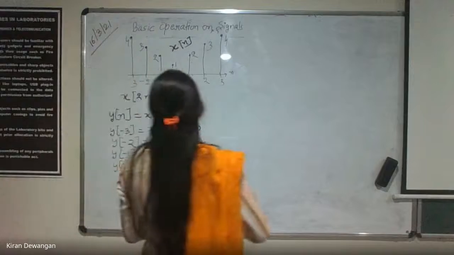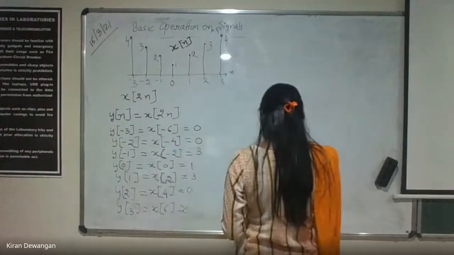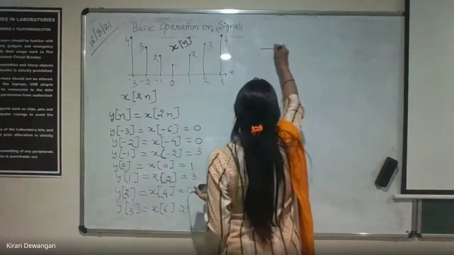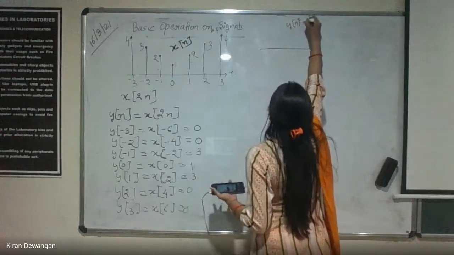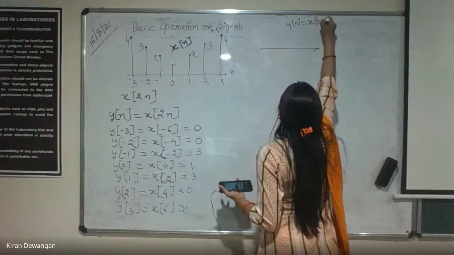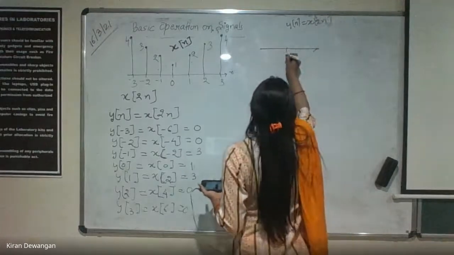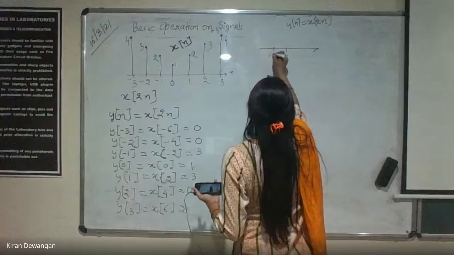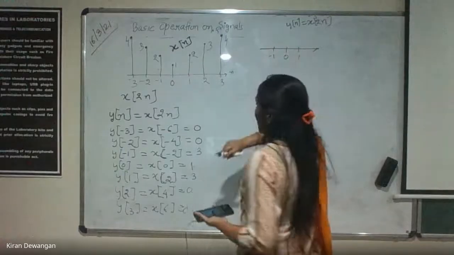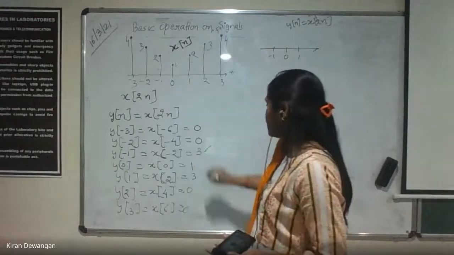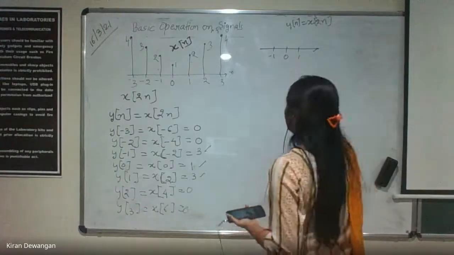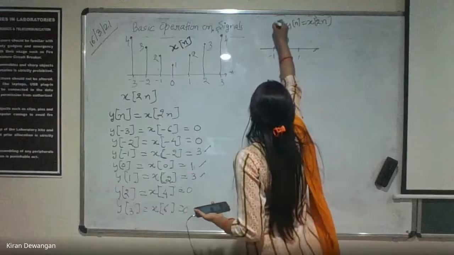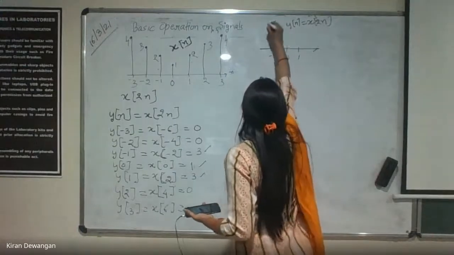So if we have to plot y of n, which is x of 2n, we have just 3 values at -1, 0 and 1. At -1, the value is 3.